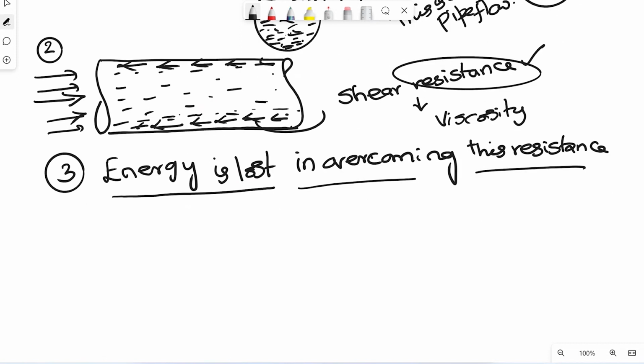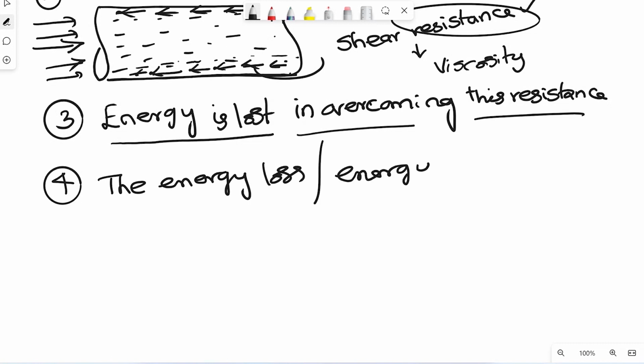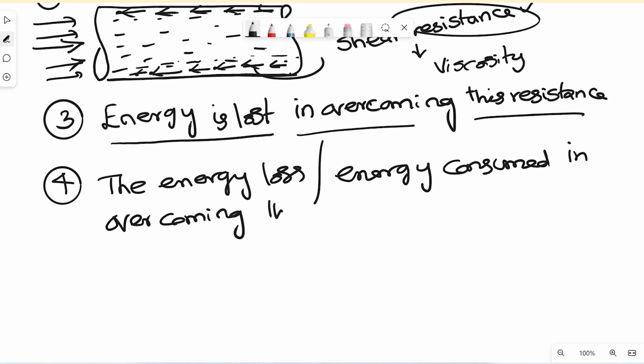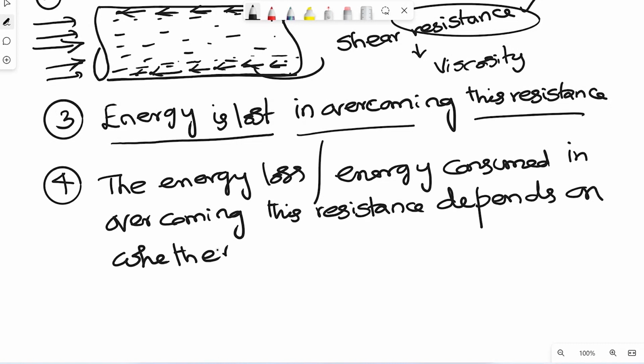Now, how much energy is consumed, the energy loss or energy consumed in overcoming this resistance, depends on whether the flow is laminar or turbulent.